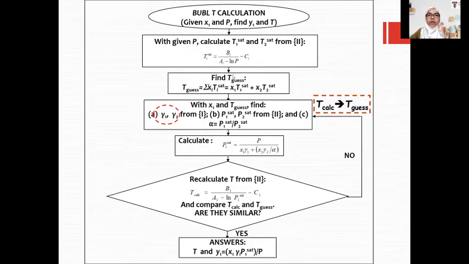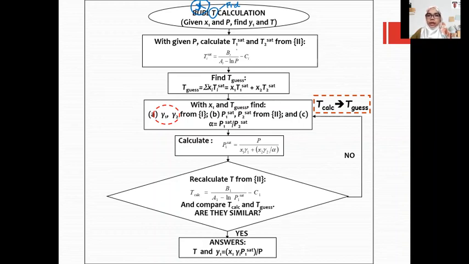Okay, for the bubble T, we need to find the temperature, and then bubble is the liquid phase, or the composition in liquid phase is given. So since we need to find the temperature, we need to guess the temperature and only the temperature, because the gamma or activity coefficient can be obtained if the liquid phase is given.